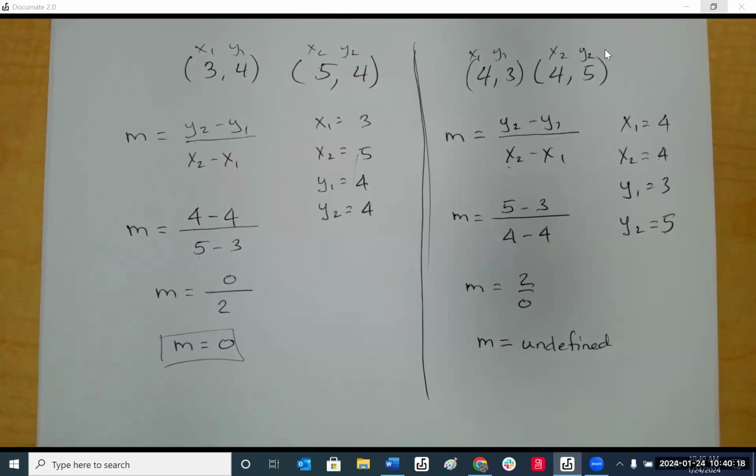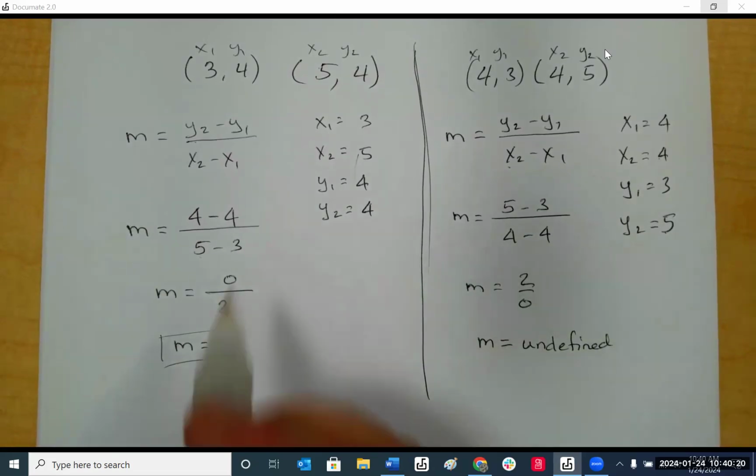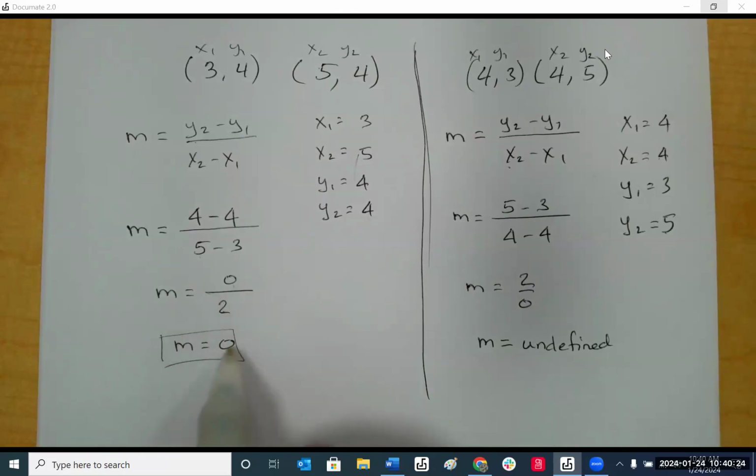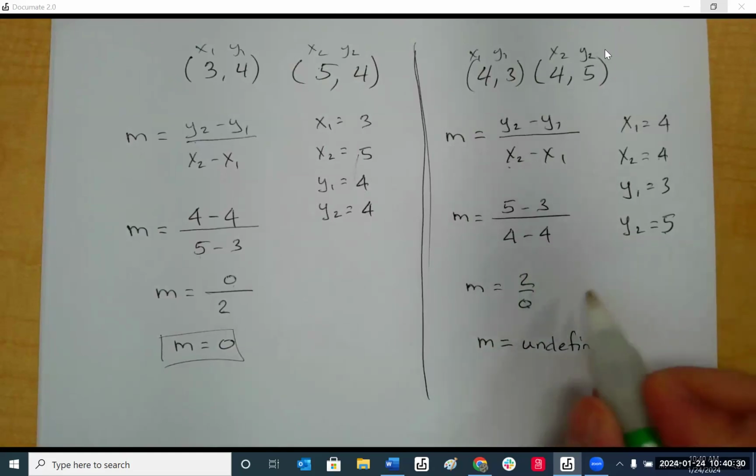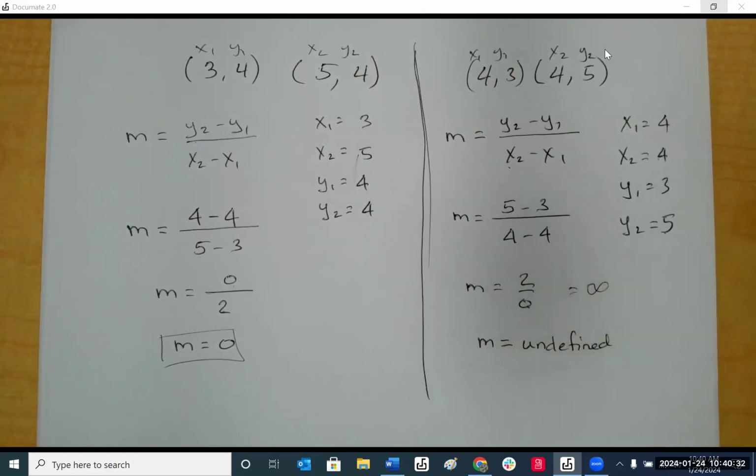It can't be 2, because remember, what is division? It says, how many times does 2 go into 0? No, you can't. How many times can 0 go into 2? An infinite number of times. If I promise to give you nothing, how many ways can I do that? Infinite ways. And I'll keep on giving you nothing.